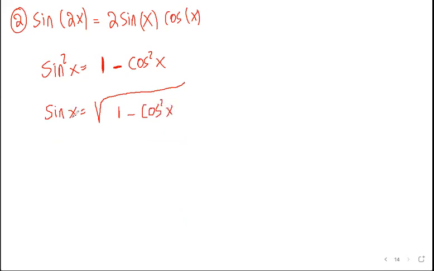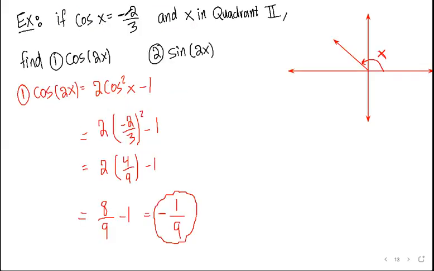The cosine is given from the question, and the sine I can find from the Pythagorean identity. So sine of x equals the square root of 1 minus minus 2 over 3 squared.